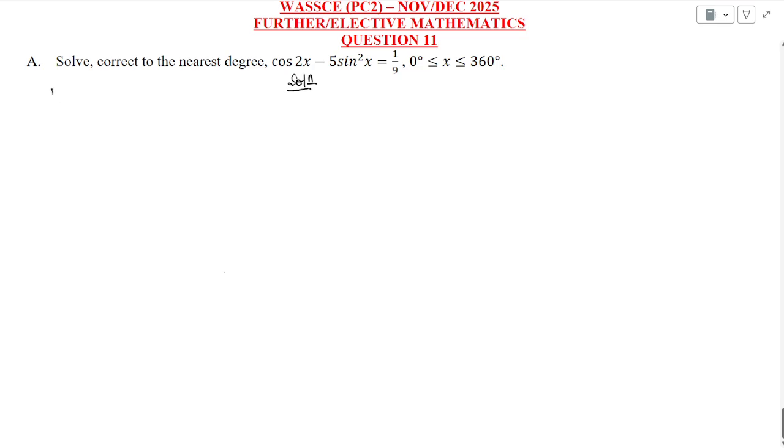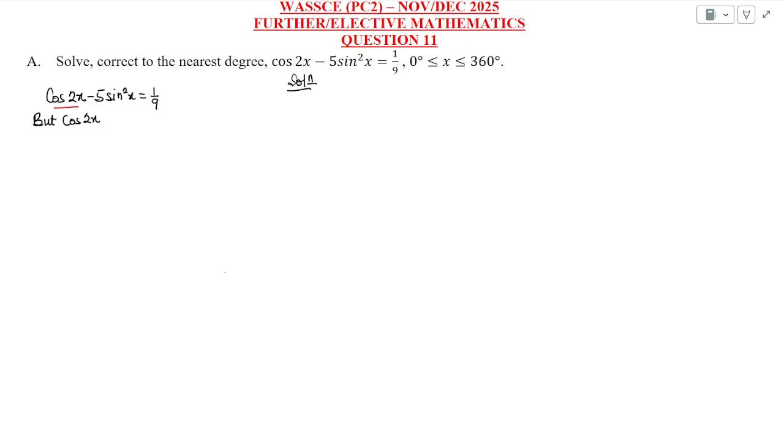So the equation is cos 2x minus 5 sine squared x equals 1 out of 9. We realize that cos 2x is compound, so we can easily change it. We want to solve everything in sine, so we have to change cos.